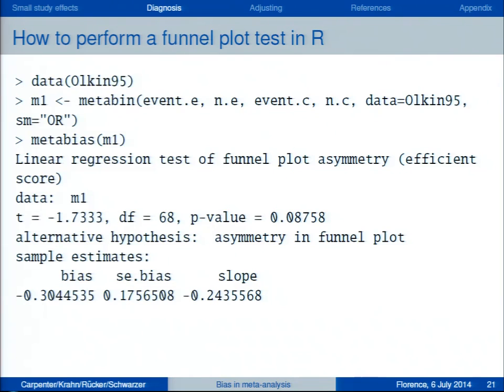The problem is that if the null hypothesis of no bias is true, we have no problem, but we want to know if there is any bias. So therefore the test is liberal, and in this sense the p-value is less than 0.1, and therefore there is some hint to asymmetry or maybe publication bias in this data here.